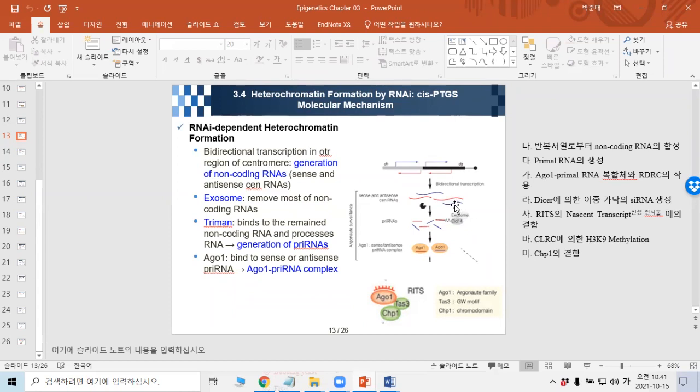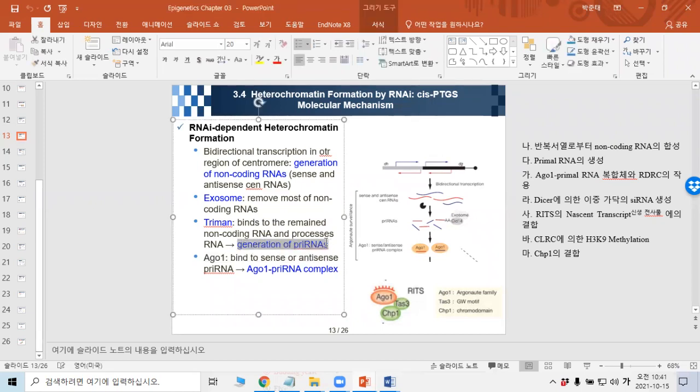But if Tas3 binds to the non-coding RNA, in this case the exosome cannot remove those non-coding RNAs. Finally, Tas3 binds to the remaining non-coding RNA. After that, they generate pre-RNA, and after that, they make the complex.